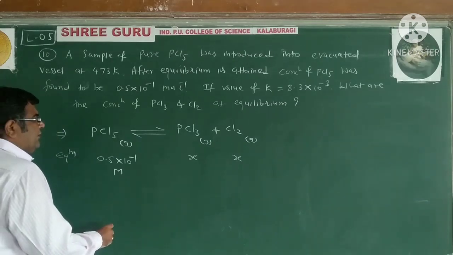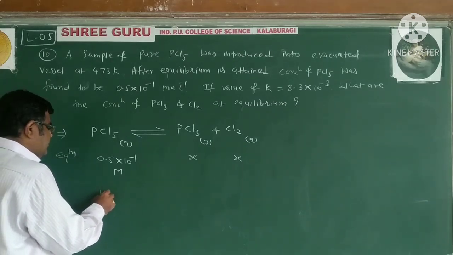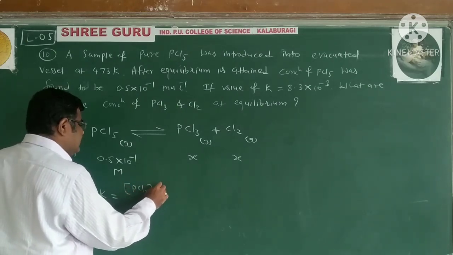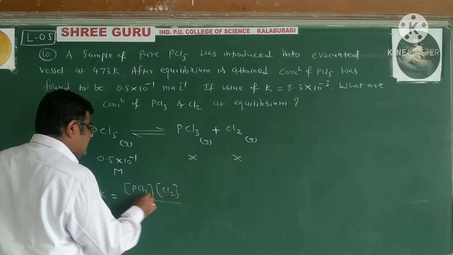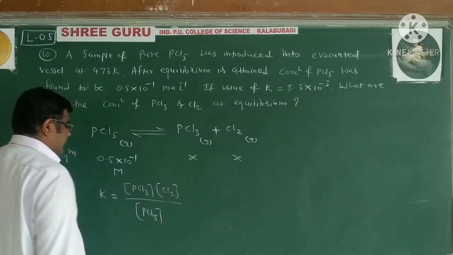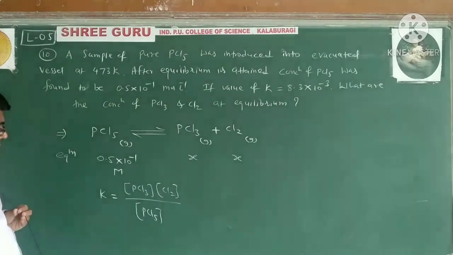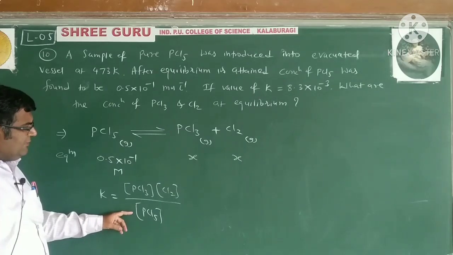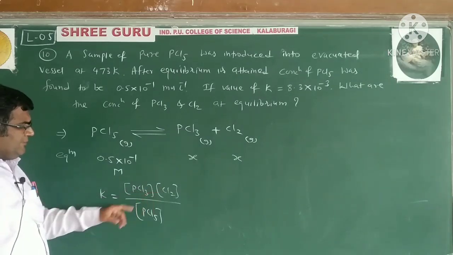So we can say that K equals concentration of PCl3 times concentration of Cl2 divided by concentration of PCl5. K is given, PCl5 concentration is given. This we can calculate.